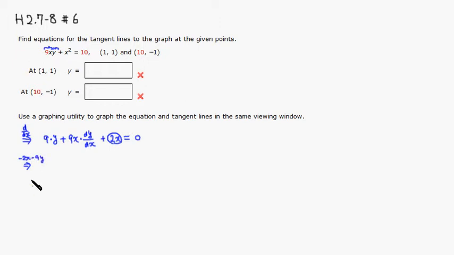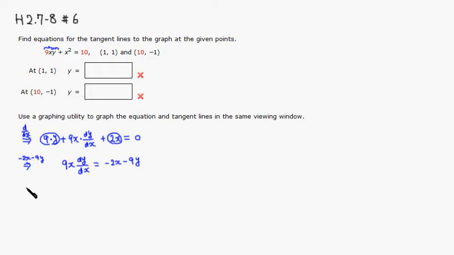What's left is 9x dy over dx, equal to negative 2x minus 9y.